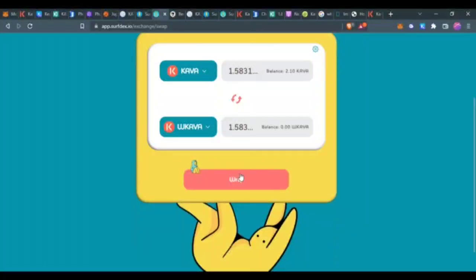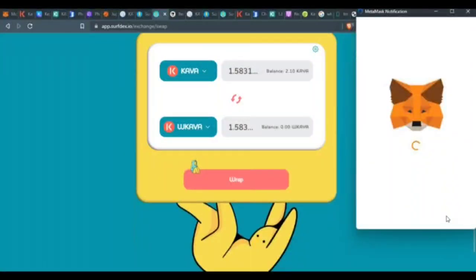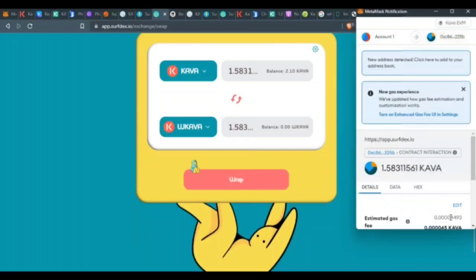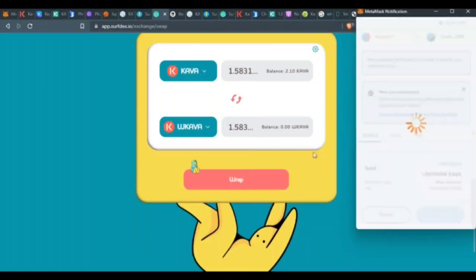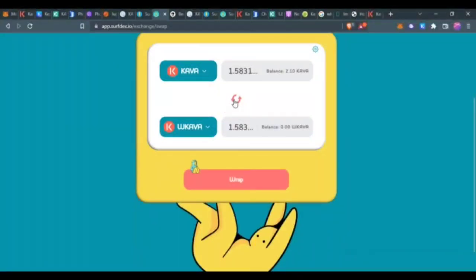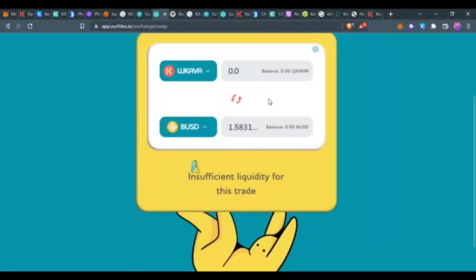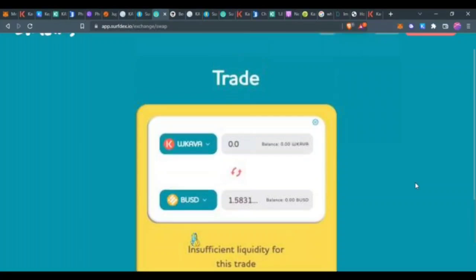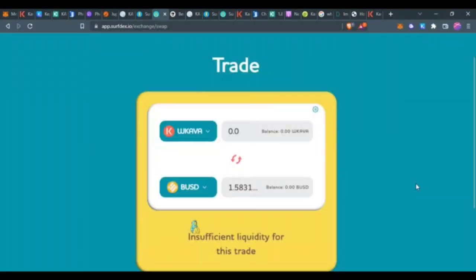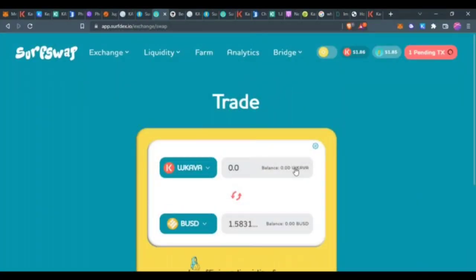Let's do 1.5 Kava. And then let's see if we can take that wrapped Kava and trade that for BUSD. So let's see. Let that last transaction go through.